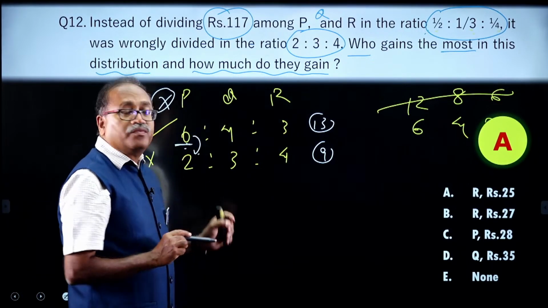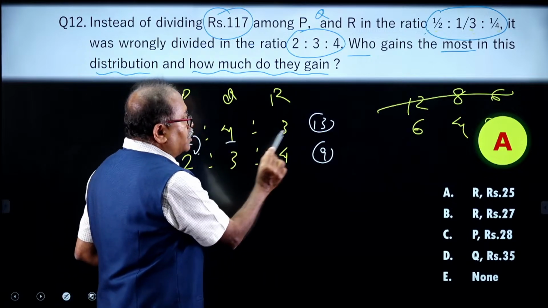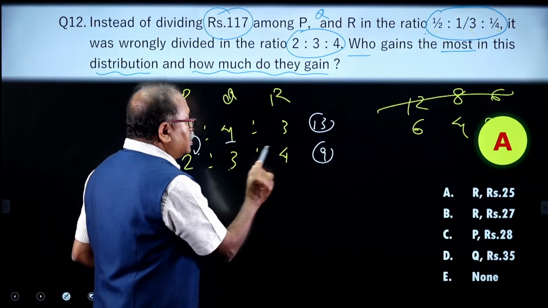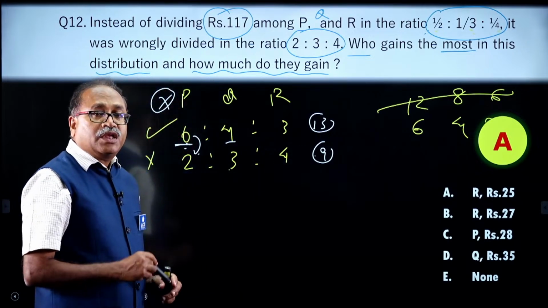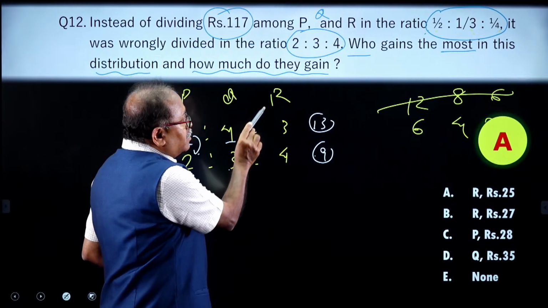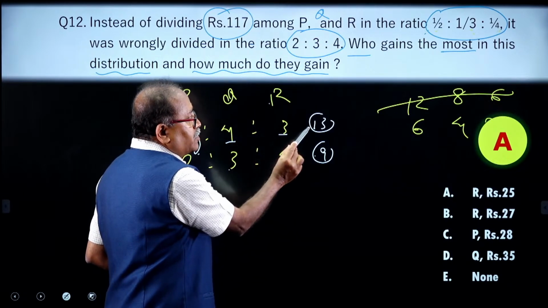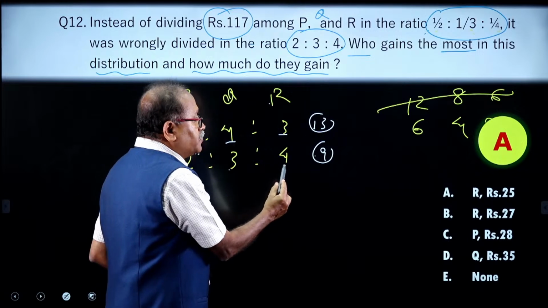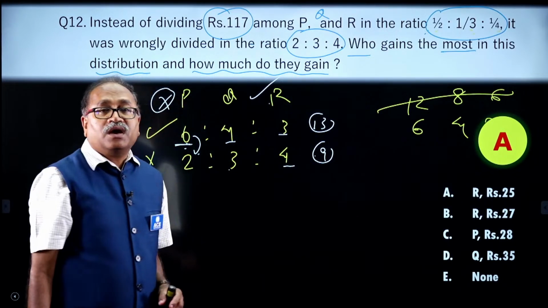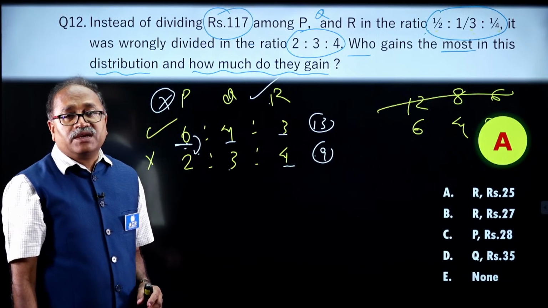How about Q? Q was supposed to get 4 over 13, but he is getting 3 over 9. But if you look at it in the reverse way, R has to get 3 parts over 13, but he is getting 4 parts over 9. So definitely who is gaining? R is gaining. By observation I can decide.